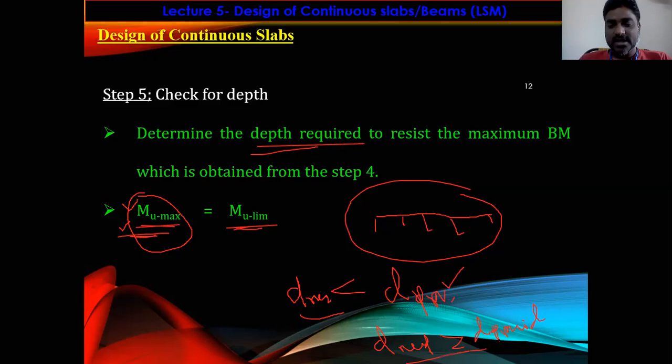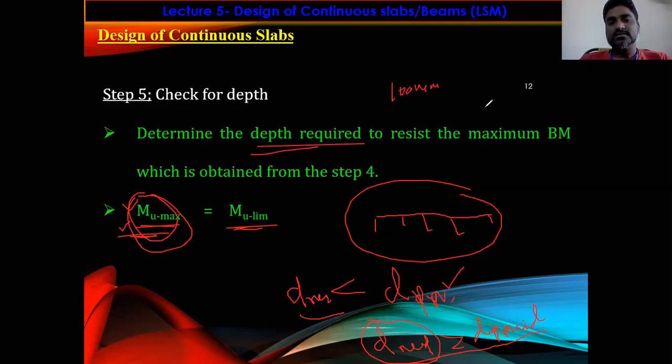If D required is greater than D provided, then the beam will fail. Because to resist this much bending moment you need this much D required, but you are providing less than this. Suppose, for example, to resist this much bending moment I need 100 mm thickness.